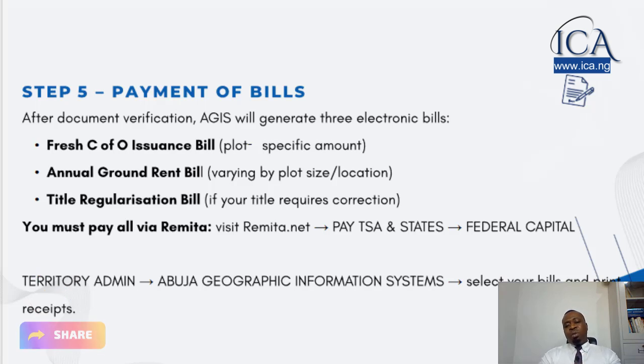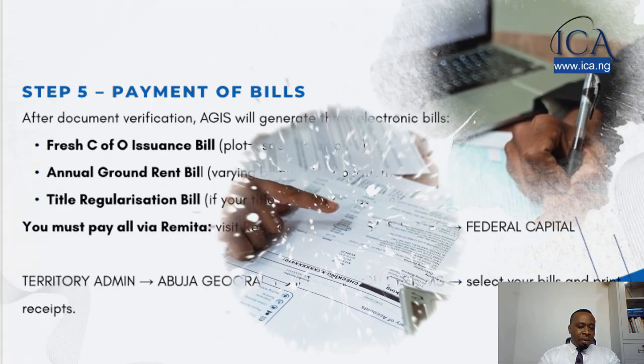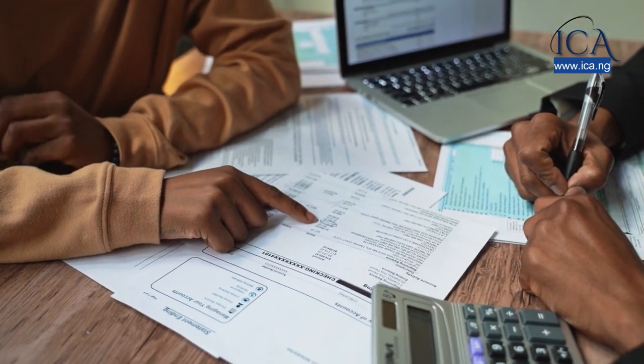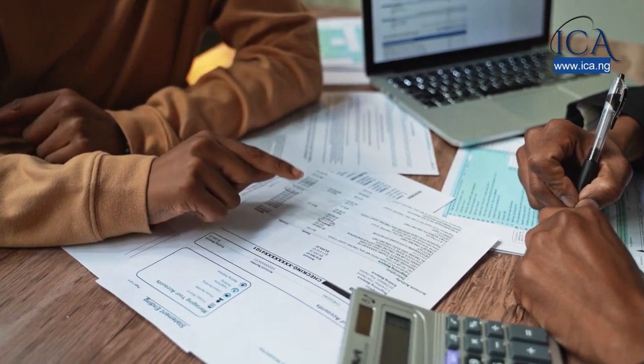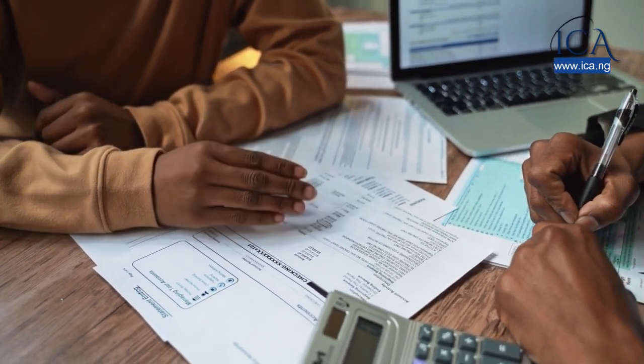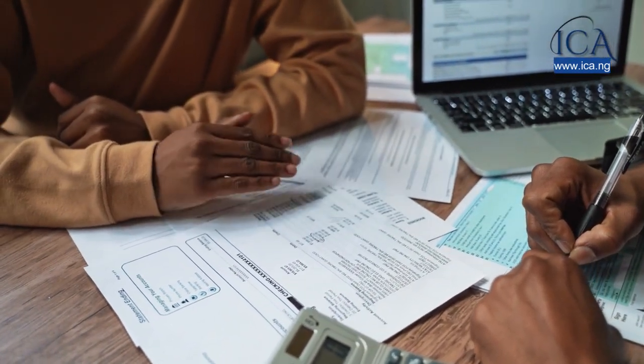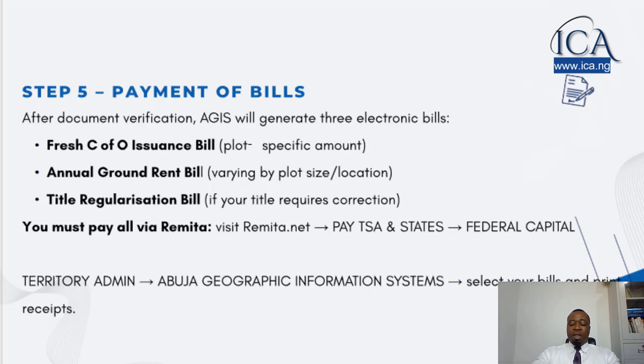How you can do that is to go to remita.net, and then you navigate to Pay TSA and states. In this instance, it is the Federal Capital Territory Administration. Then you move to Abuja Geographic Information Systems. Then you select bill, and very importantly, you print your receipt, because that's the evidence to show that you've actually made the payment.